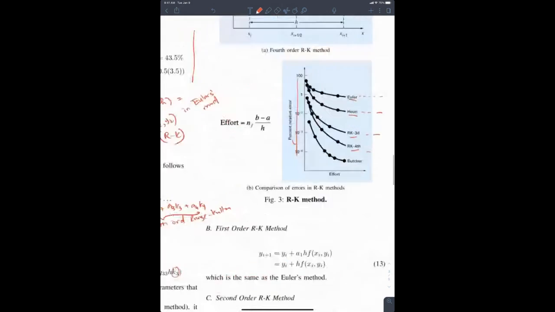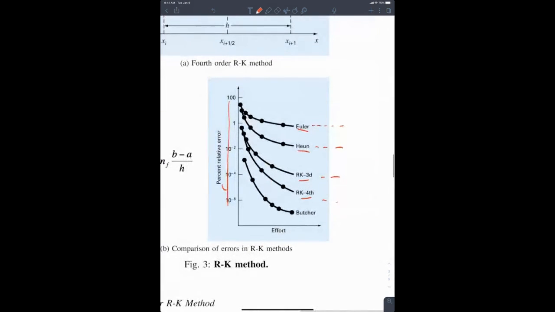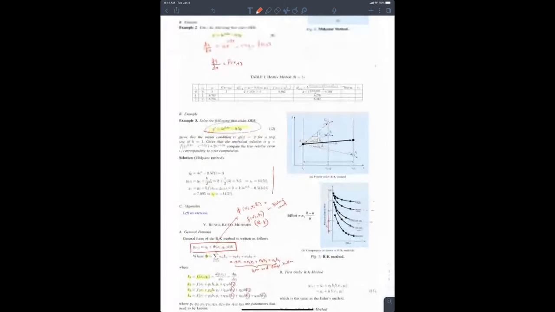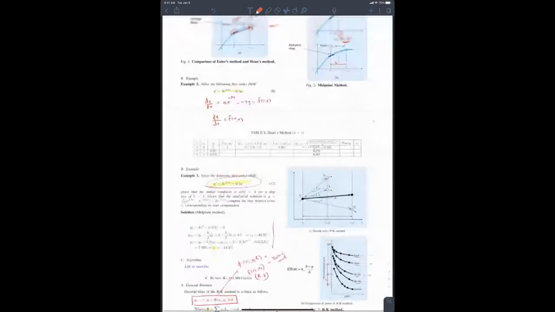What you can do is write a program to implement all these and generate a graph, something like this, for the problem discussed in equation 12, or one of the problems given in these homework questions.